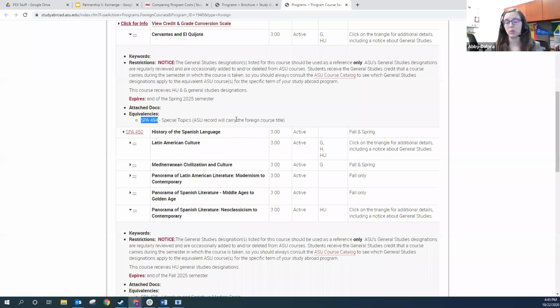So for example, at one of my universities, there is legitimately a knitting course. And I would like to go there. And that course does not earn ASU credit, because there's just no equivalent. But even fitness courses, we have fitness courses here at ASU, so those could earn PPE credit, for example.